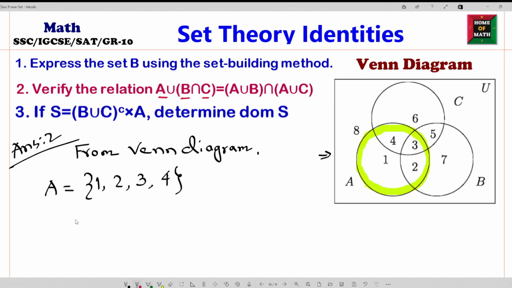B equals to what? This one, which is 2, 3, 5, 7. And C equals to what?